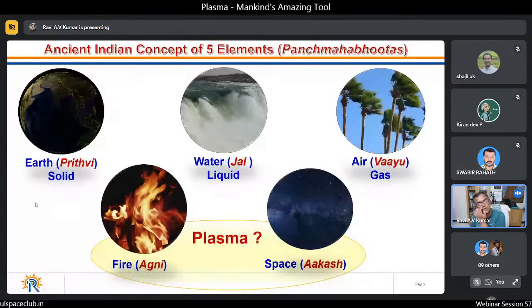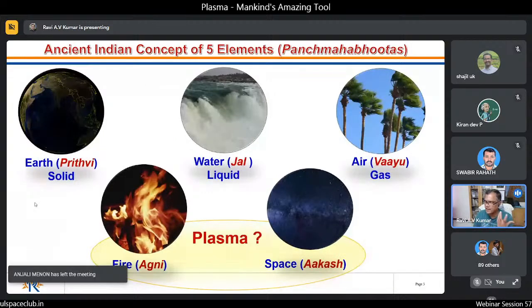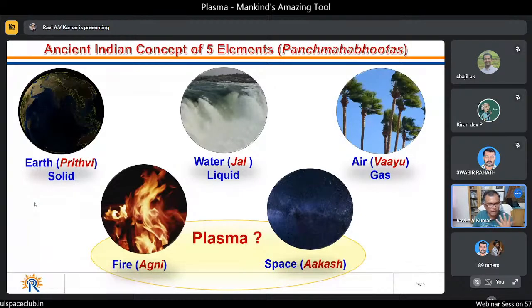Before I get into my talk, I just want you to understand some concepts that our ancestors used, like the concept of Panchamahabhutas. That is, our ancestors had an idea of what our surroundings were. They called it Prithvi, Jal, Vayu, Agni, and Akash.